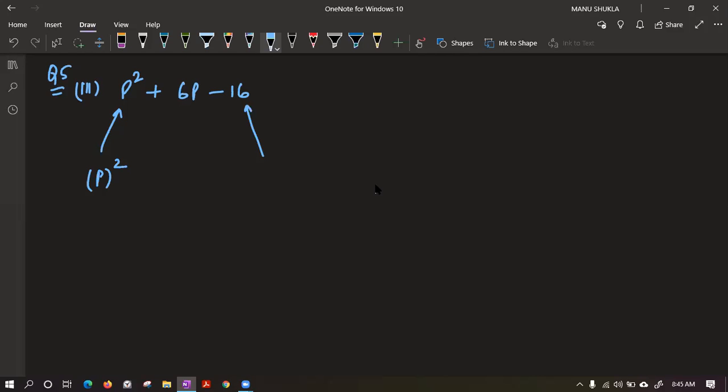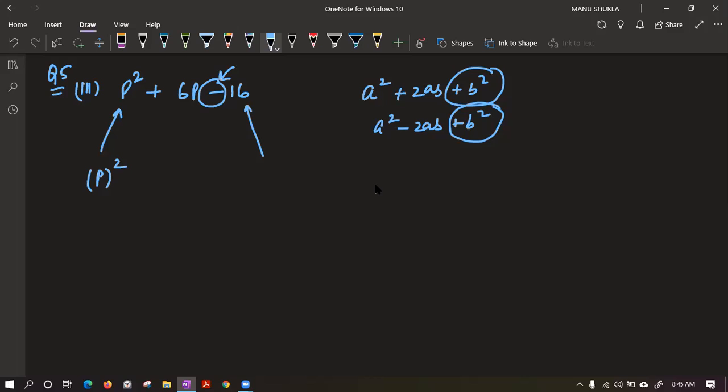first you tell me, is it possible to have a square with negative sign? Both the formulas that we have seen were containing a square plus 2ab plus b square and a square minus 2ab plus b square. In both the cases, plus sign was there with the square term. Negative was never there.